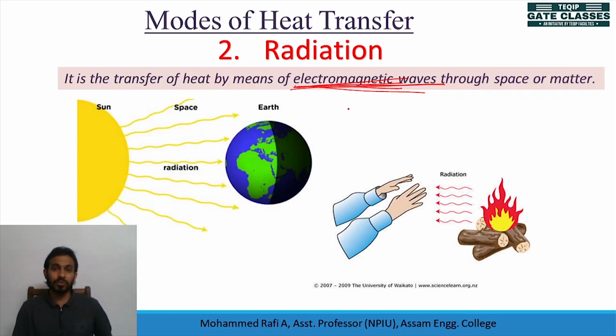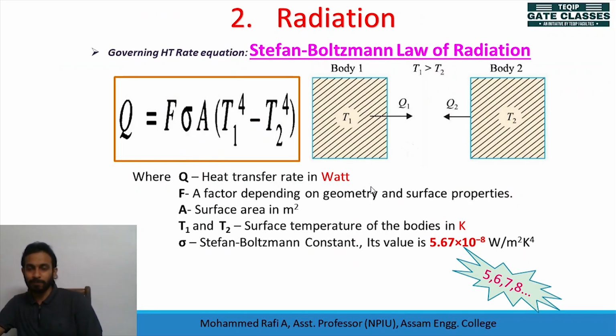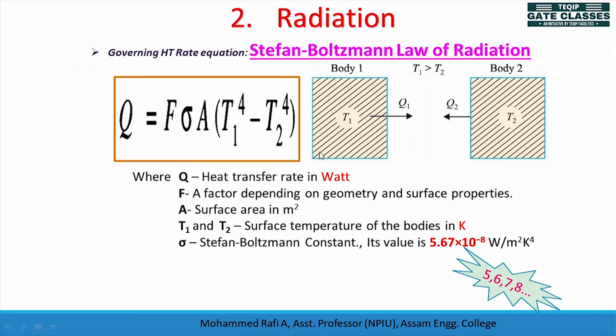And we are also using radiative heat transfer in our day-to-day life, whether we are using a microwave oven or we are using heating in the winter season and all. Anyway, we are going to discuss one by one how it is different and what the governing equations are. Okay, now let's try to analyze the governing equations for radiation.